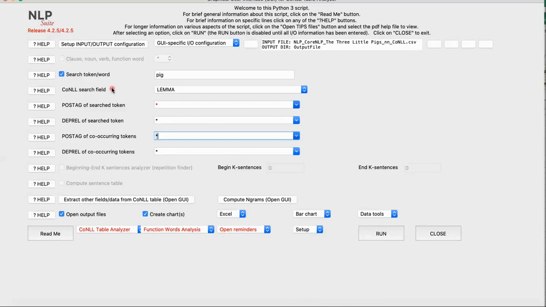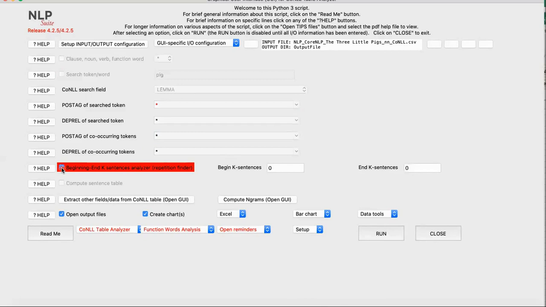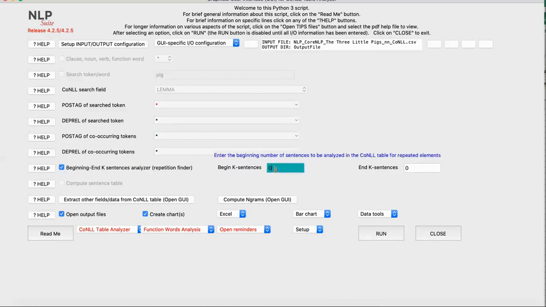The next tool that we can use is the beginning and end K sentence analyzer tool, which lets us search for which words appear frequently in the beginning and end sentences. This tool also allows us to see which parts of speech appear in the beginning and ending sentences and their proportions. So for instance, we can set K to 5, and when we do this, it'll look through the first 5 sentences in 3 Little Pigs and the last 5 sentences.